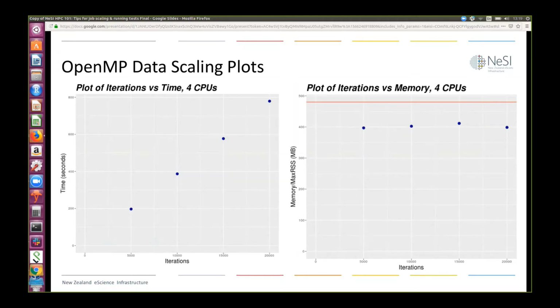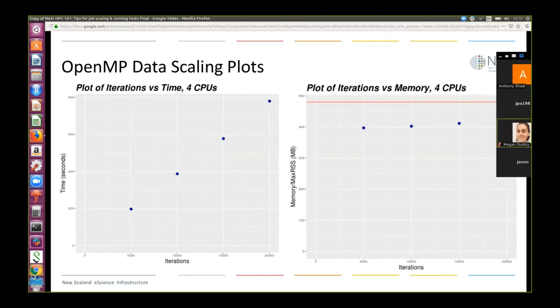If we look at that, we can see that regardless of the amount of iterations we use, the memory seems to stay relatively stable at about 400 megabytes. This means that theoretically, if we increase the iterations up to 60,000, we shouldn't have to increase the memory. It should still be stable at around 400 megabytes.